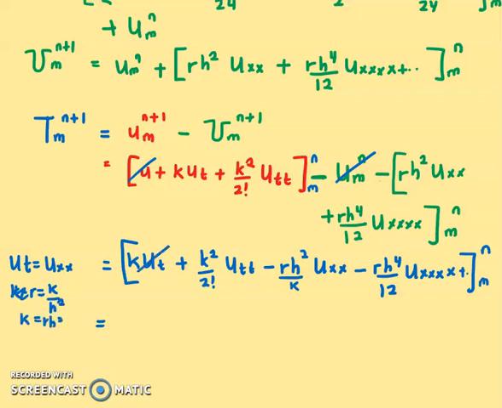So u_t equals u_xx, and this term is 0. Left with k squared over 2 factorial u_tt minus r h to the 4 over 12 u_xxxx.